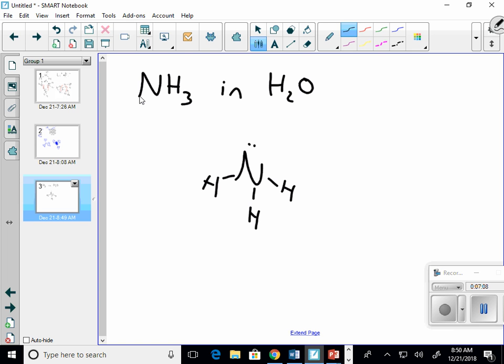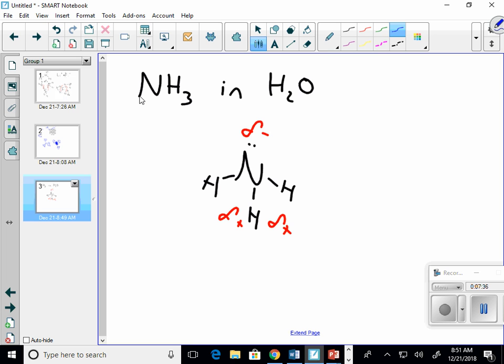the H's will not break apart from the N. It all stays together when it's a covalent bond. But just like before, it has a partial negative end. And then it has a partial positive end. So what I would do is have my water surround that, so opposite partial charges attract one another.